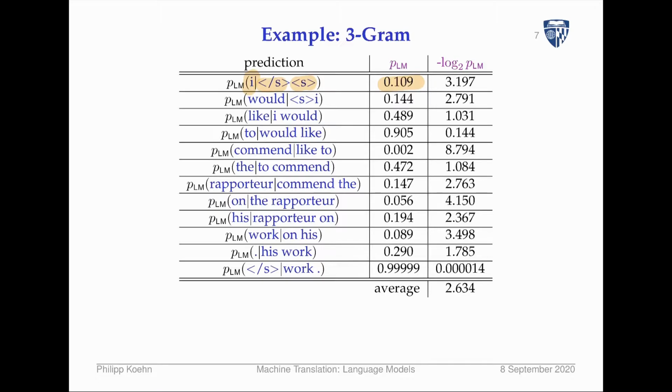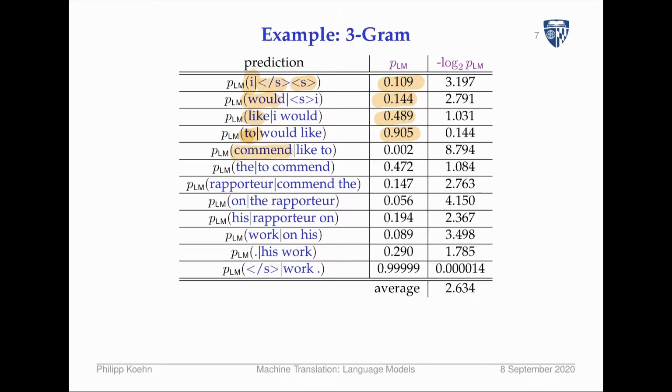Then the word would following I, also 14%, pretty likely. I would like is apparently the most common thing that follows. And I would like to, that is almost a requirement. If I follow it with a verb phrase, the word to has to follow. And then I would like to commend.